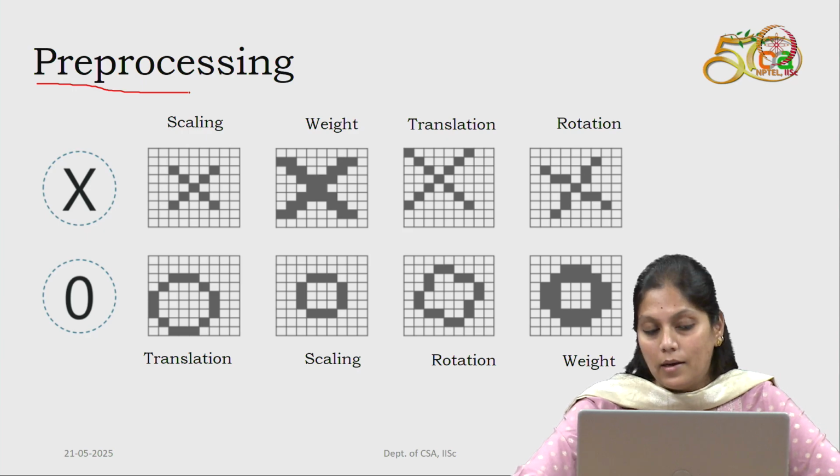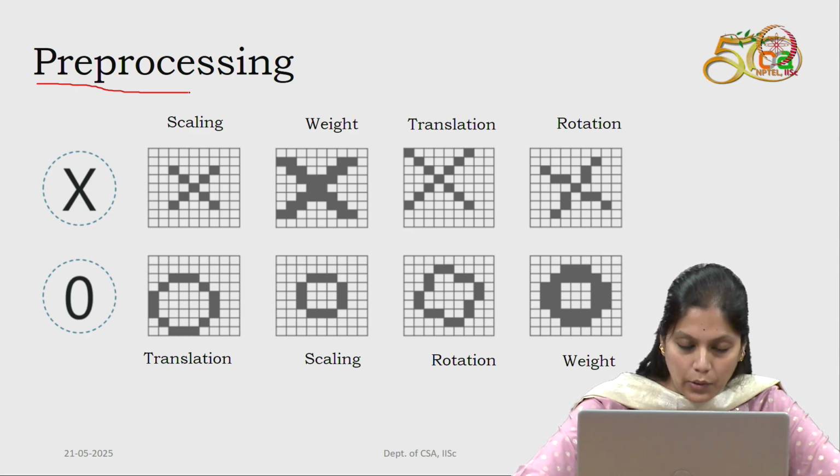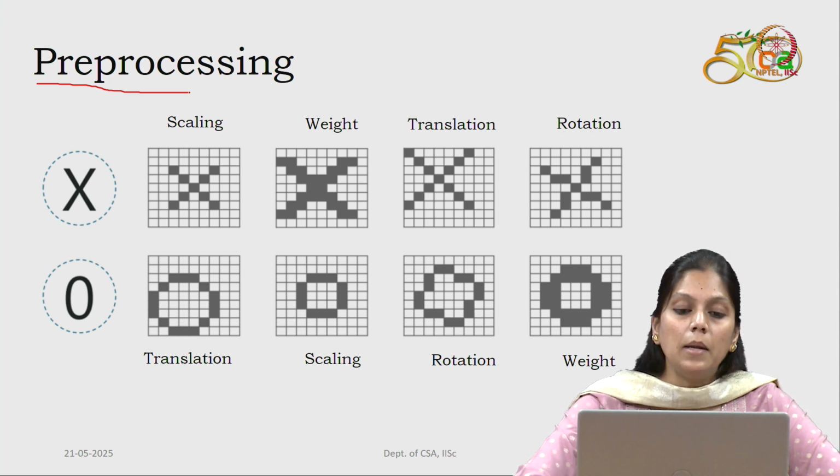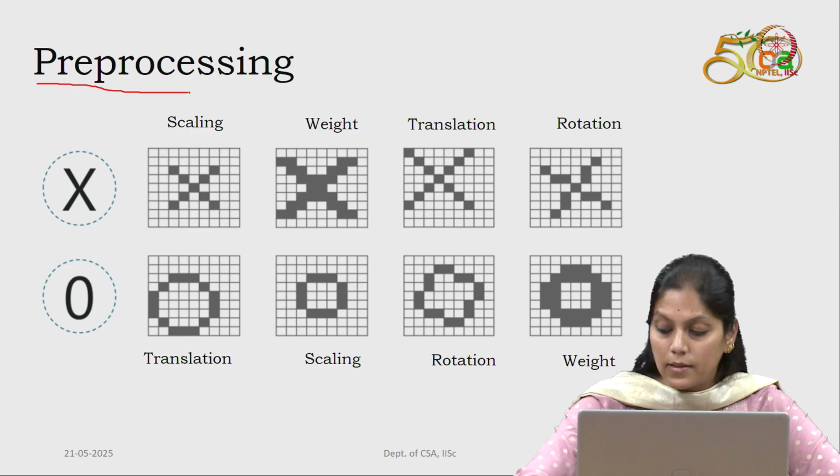So this is all when we were dealing with ANN. Now what we are learning here is a CNN, convolutional neural network. When we are dealing with images, what is the minimum pre-processing that we need to consider?